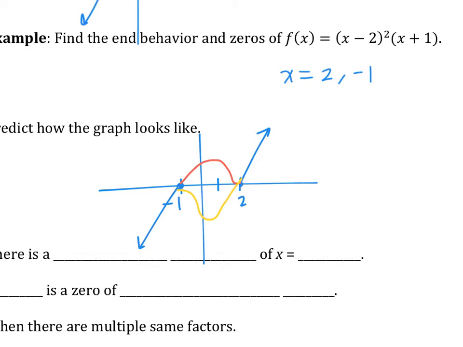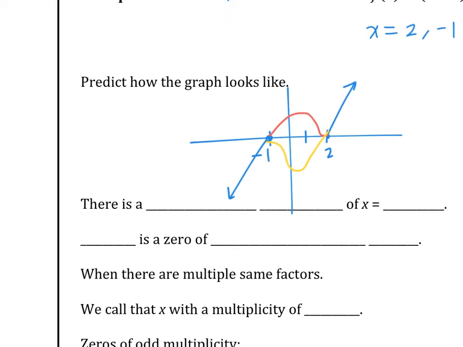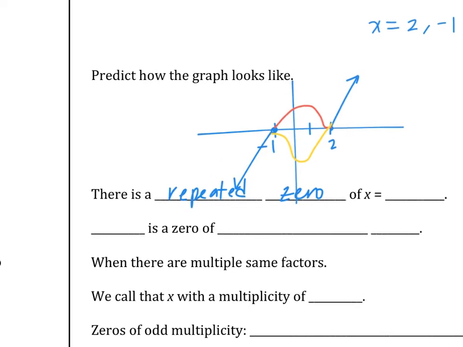Is it the red one or the yellow one? Some of you already learned this before, so you did it correctly. Well, there is a rule, obviously. The rule is if you have a repeated zero, it means that it has a multiplicity. We talked about that last year, multiplicity.